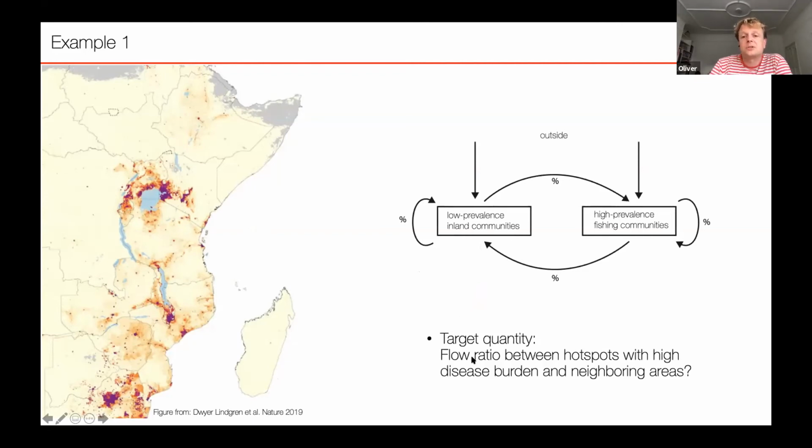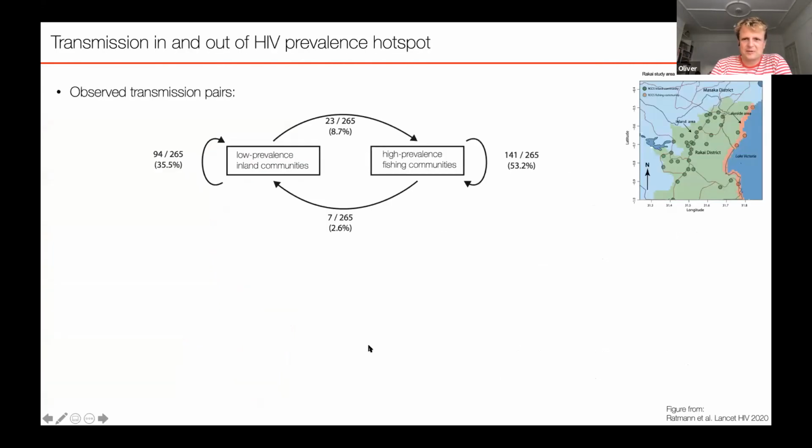And we were really interested in this flow ratio, so the flow ratio of transmissions between hotspots with high HIV disease burden and neighboring areas. So that's where I personally spent a lot of time over the past few years, I'd say.